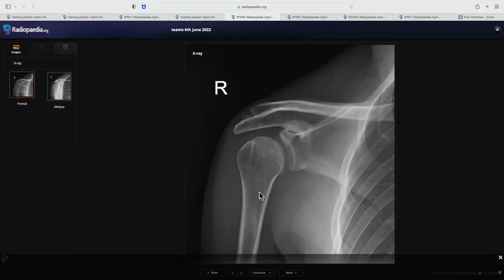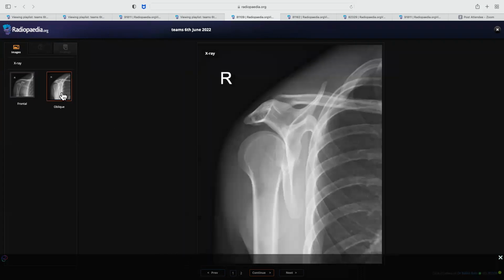Okay. So what will you do next? Can I see the other view if possible or helpful? Yes. Oh, it's a posterior dislocation.